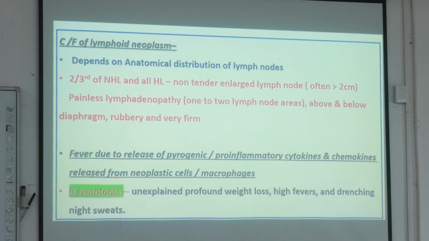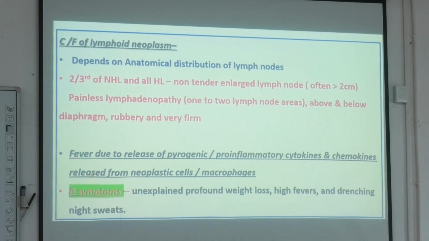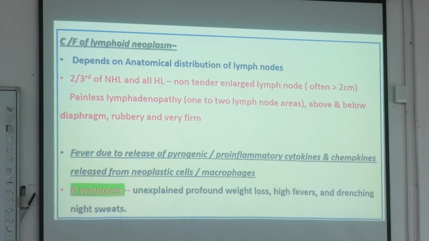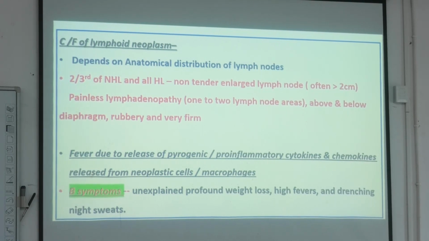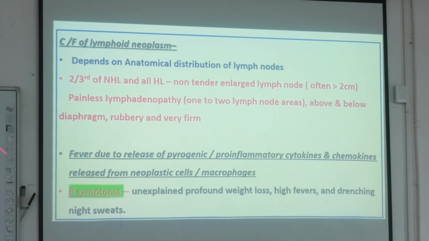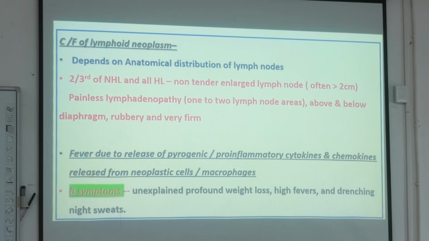And those lymph nodes are painless and firm in nature. They don't have any pain, non-tender and firm. Sometimes they are produced above the diaphragm or below the diaphragm. So enlarged lymph nodes more than 2 cm in diameter, painless, 1 or 2 groups above or below the diaphragm, firm, rubbery and painless.